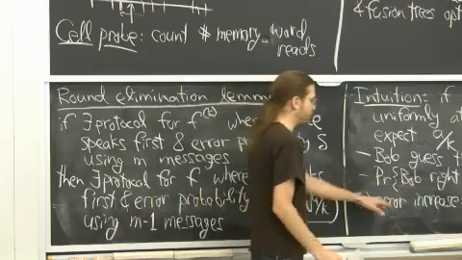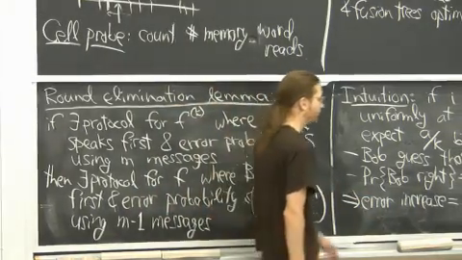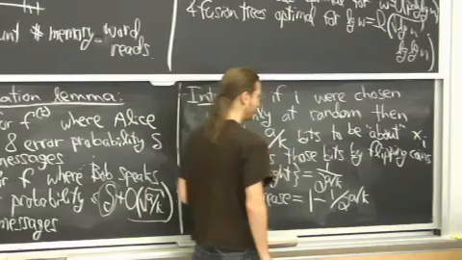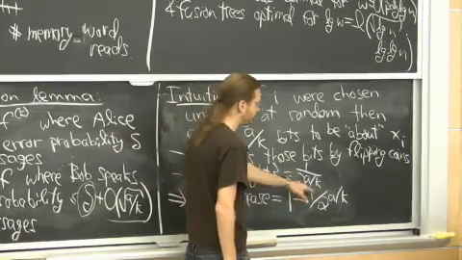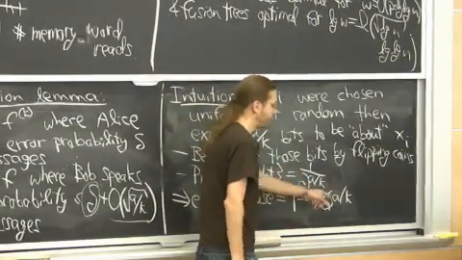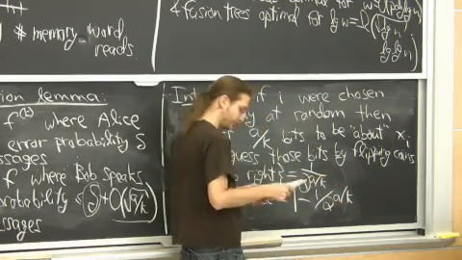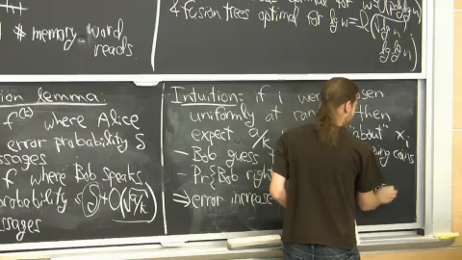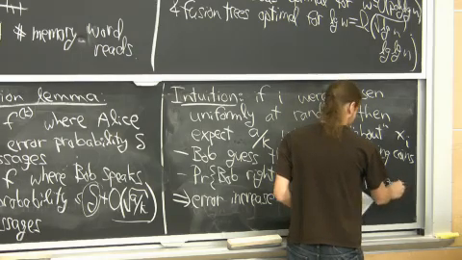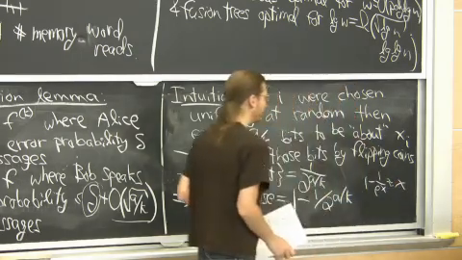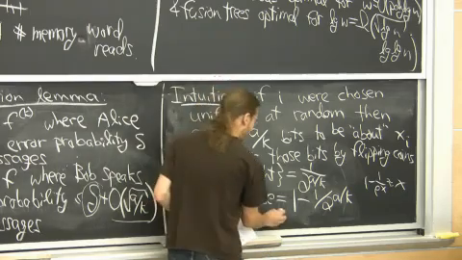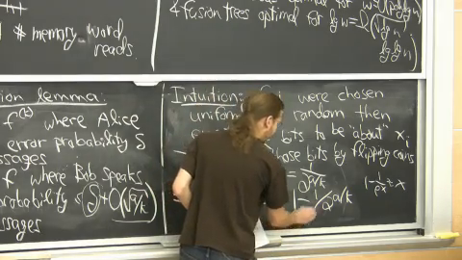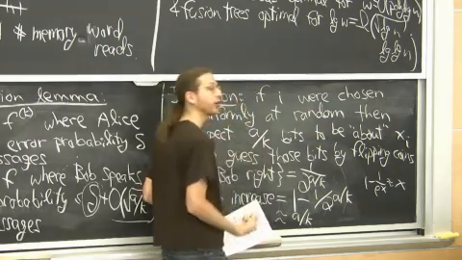So the increase in error is at most 1 minus this thing. Now 1 minus 1 over something to the power of something, if this something is small, there's this fun fact: 1 minus 1 over e to the x is approximately x. So this is going to be approximately a over k, if k is large enough.